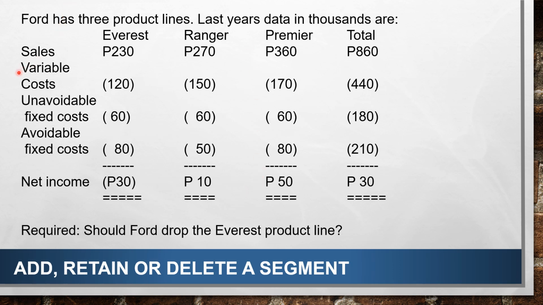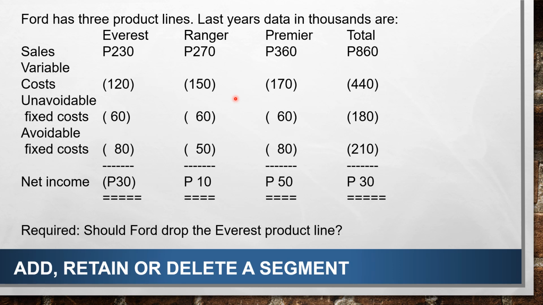We have sales of 230 for Everest, 270 for Ranger, 360 for Premier, and 860 for the total company. Variable cost, 120 for Everest, 150 for Ranger, 170 for Premier, and total we have 440.